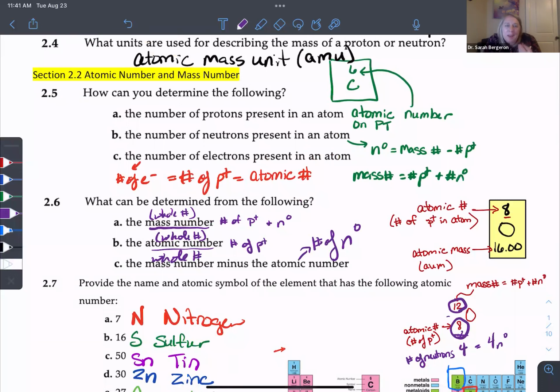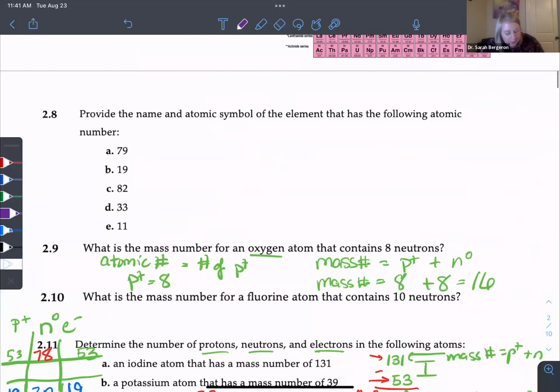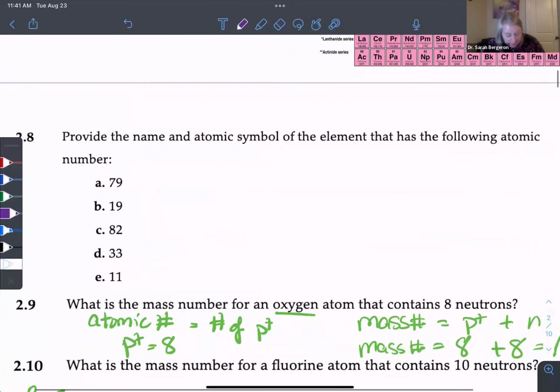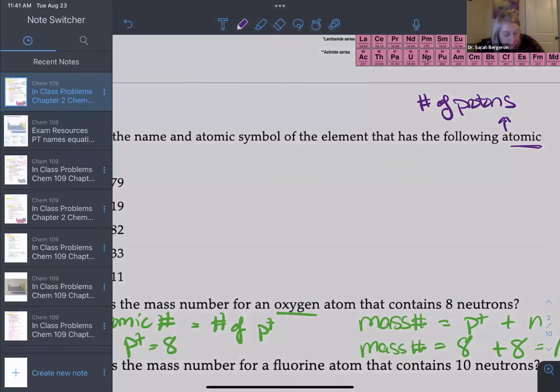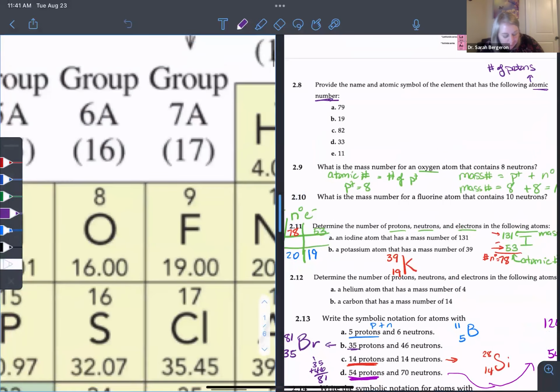It's not a mathematical calculation. You're just kind of counting. So it's always going to be a whole number. All right. Provide the name and atomic symbol of the element that has the following atomic number. What is atomic number? Atomic number is always going to be number of protons. And when we look in the periodic table, I want you to use your periodic table.